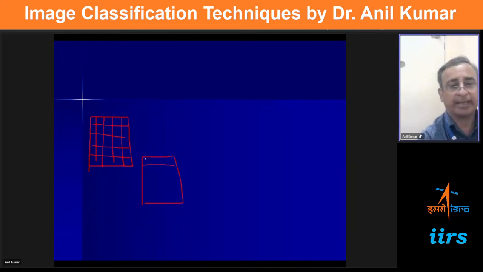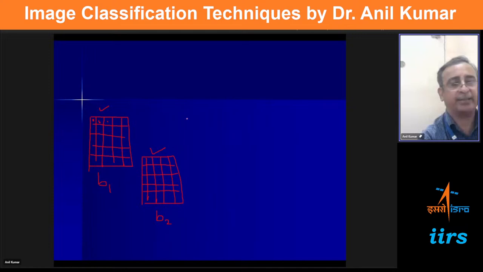Why I'm again giving more stress to defining an image in the form of a matrix is because all the processing is happening in the form of matrices and vectors. So here you can see the two-band image, B1 and B2, is nothing but matrix 1 and matrix 2. It is a two-dimensional matrix and it has numbers here.